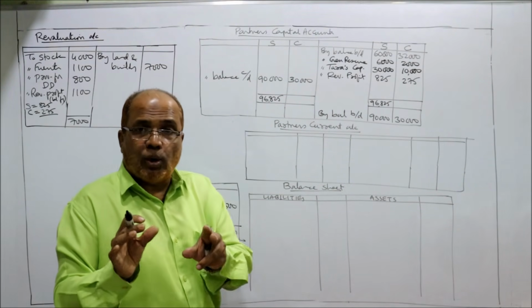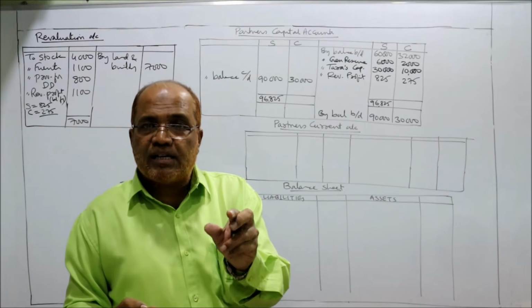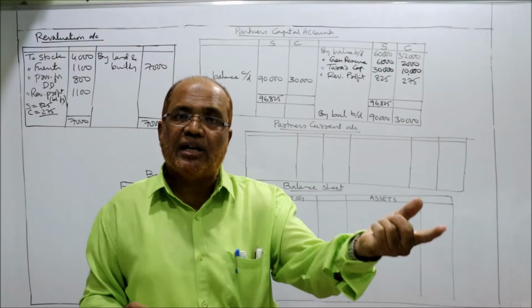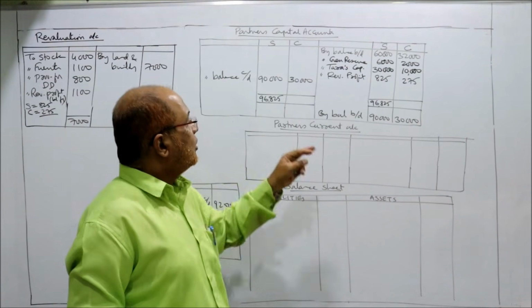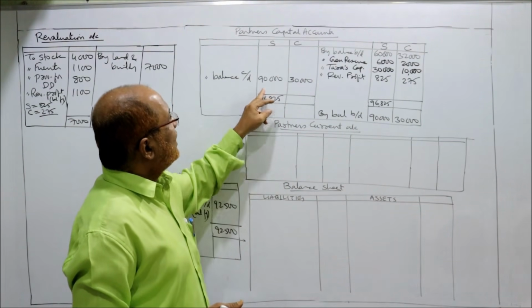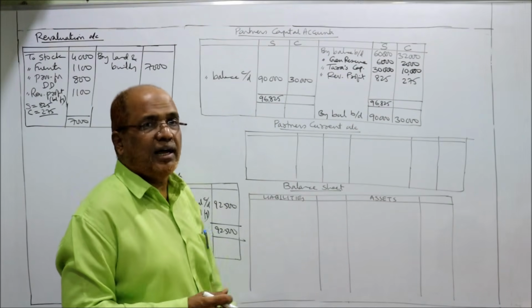He has more money. So the problem says whatever excess money they are having should be transferred to the current account. 96,825 minus 90,000, 6,825.